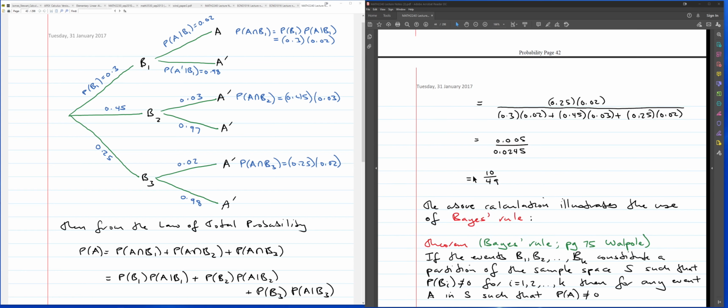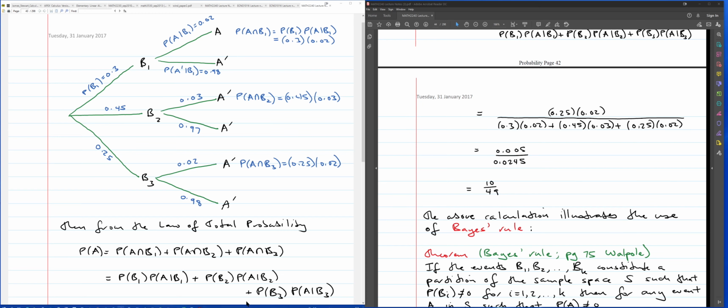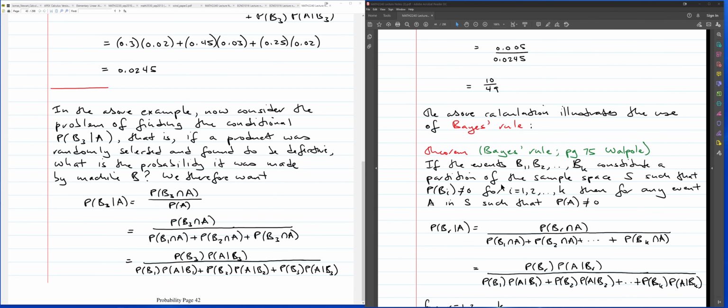Okay, so this example is illustrating Bayes' rule, or Bayes' theorem. What we have is similar to the law of total probability. We have events B1, B2, up to BK forming a partition of a sample space.